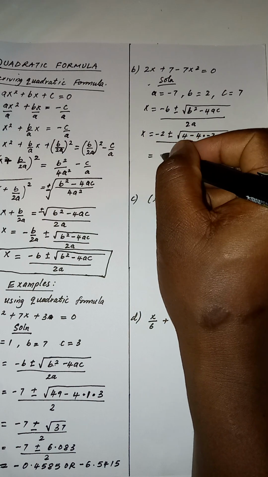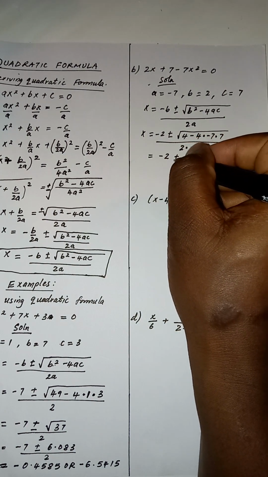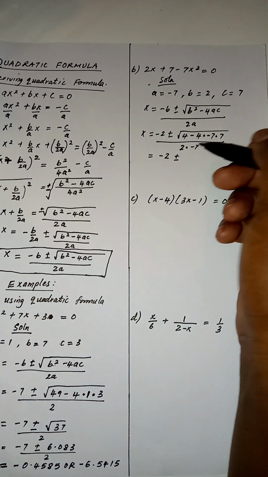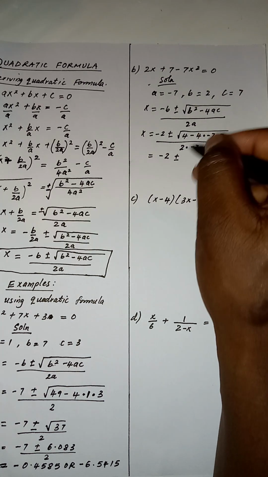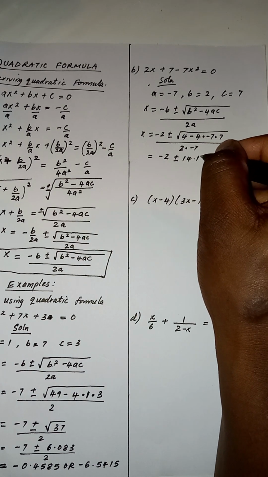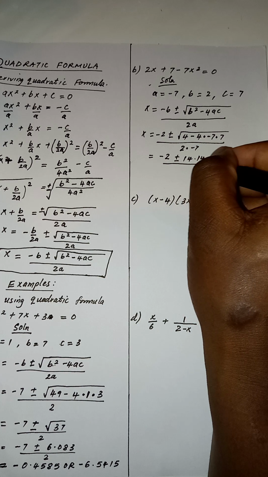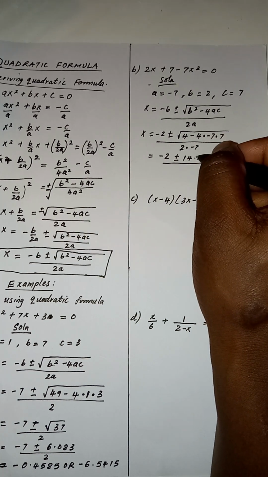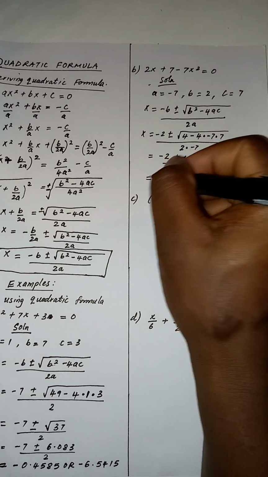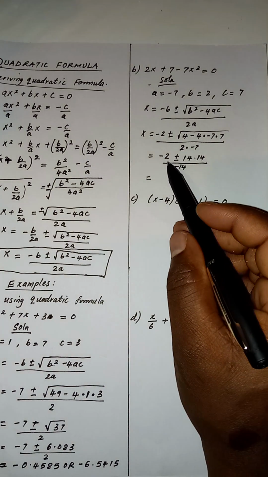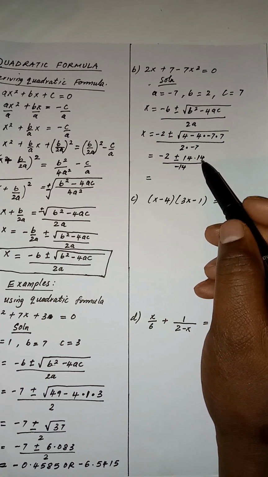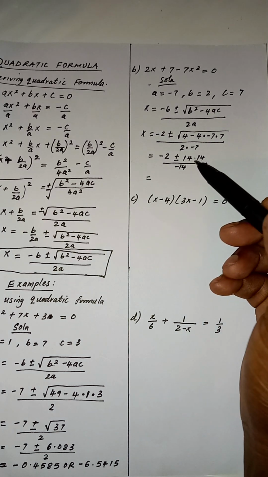So this will give us minus 2 plus or minus the whole of this will give us 14.14, over 2 times negative 7, it will give us negative 14. So this will give us negative 2 plus 14.14 divided by negative 14.